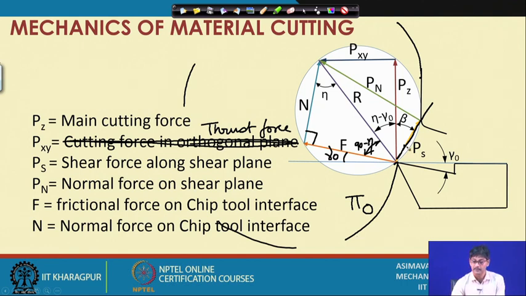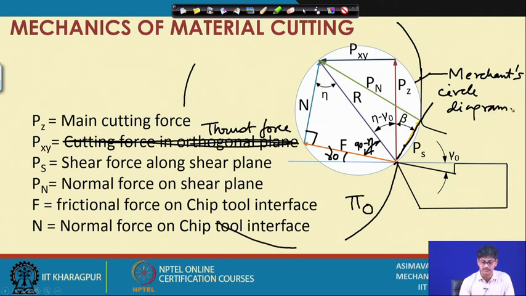This is called Merchant's circle, after the name of the scientist who established this relationship, Merchant's circle diagram. So we come to the conclusion that Pxy is called the thrust force.